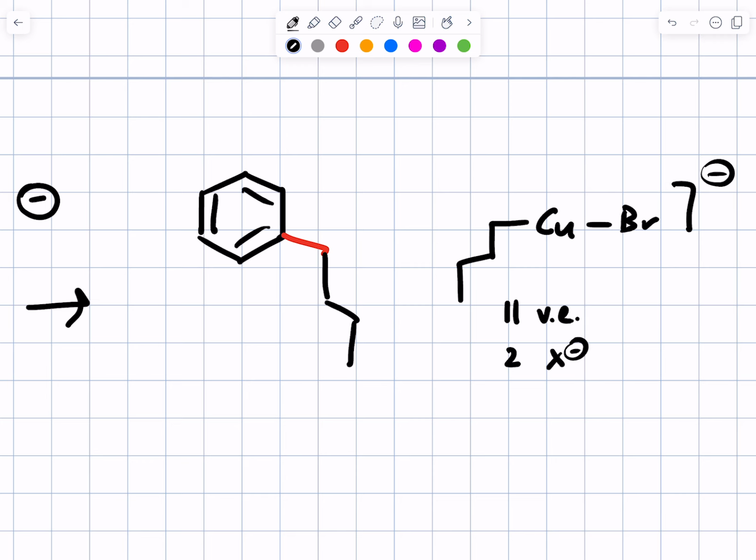What does the charge have to be on copper? Copper 1, a +1 oxidation state. Okay, number of d electrons. Used to have 10 valence electrons, but it's in the +1 oxidation state, so 10.